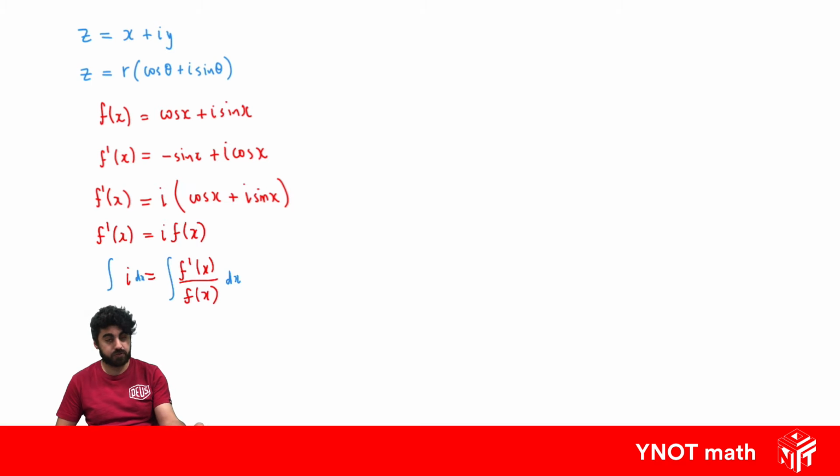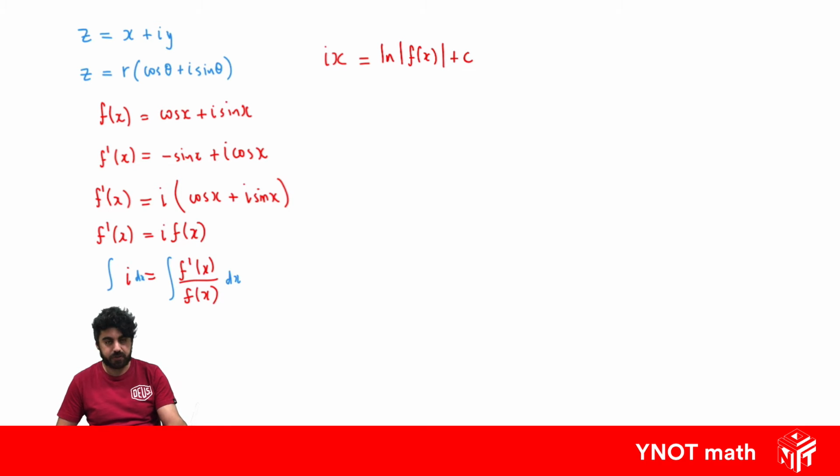So doing that, the integral of i with respect to x is just ix. And this equals, now we have a fraction where the derivative of the denominator is in the numerator. So we're just going to get the natural log of the absolute value of f of x plus a constant.